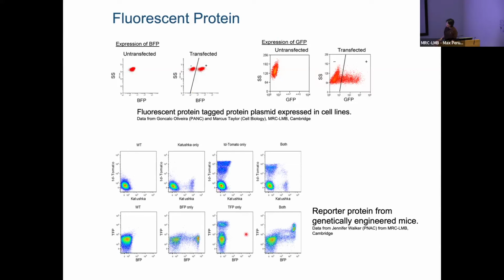So before you design your more complex panel, please come to talk to us so we can check if all these fluorophores or fluorescent proteins can be detected on our flow cytometer at the same time. Highly overlapping fluorescent proteins will make your analysis harder.